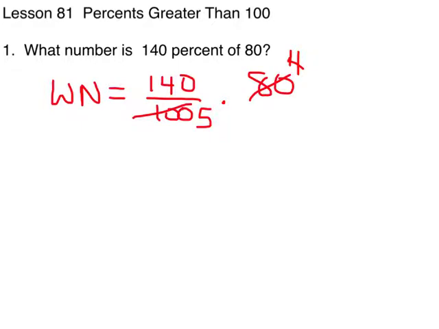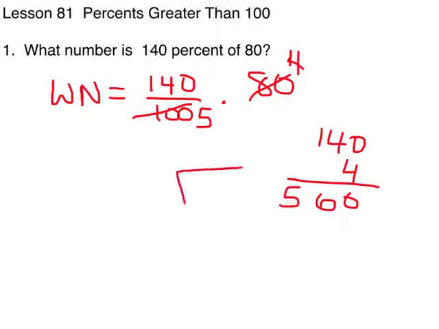And then I'm going to say 140 times 4 is 560 divided by 5 is 112. So 112 is 140% of 80.